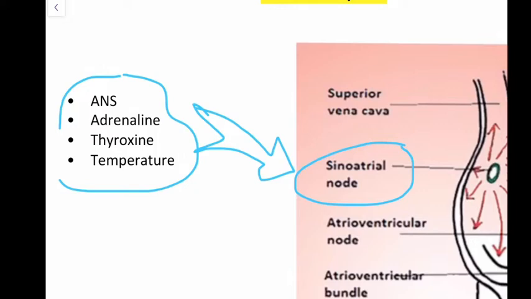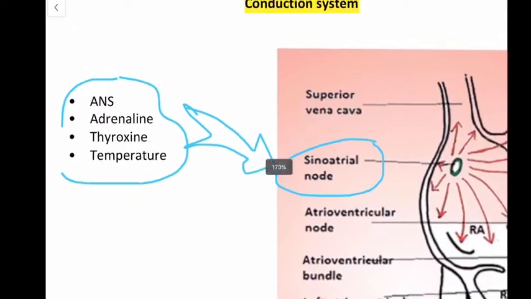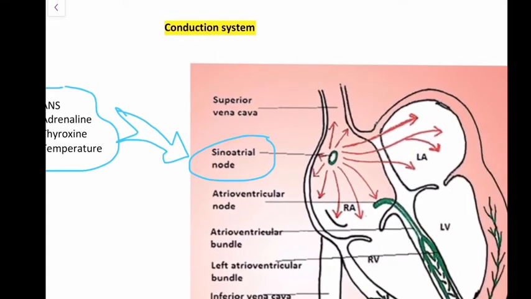As an example, when a person is excited, the sympathetic nervous system is activated and circulating adrenaline levels will go up, and they will affect this SA node and will increase the heart rate.